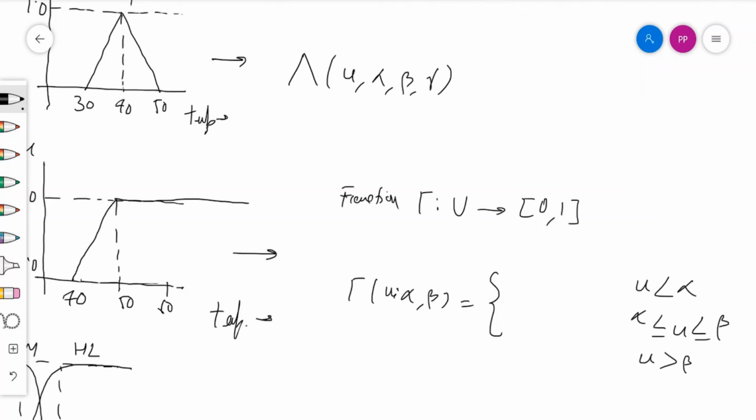So for this, the first it is coming from the 0 value in the past, so we keep it 0. Then the second one is a linear increase, so naturally this is alpha and this is beta, so this is U minus alpha divided by beta minus alpha, then the last one is a constant one. So for all these values, these constants, you get the value of the function.